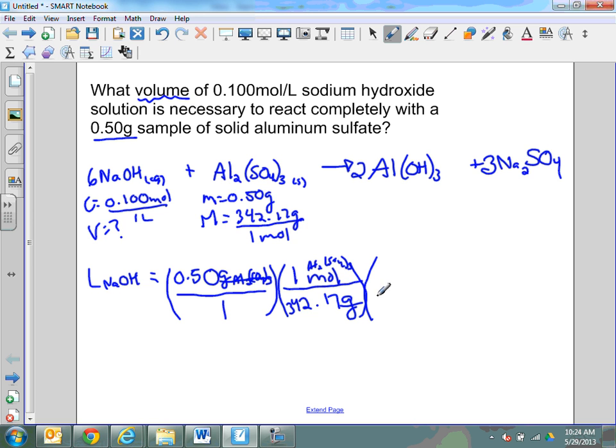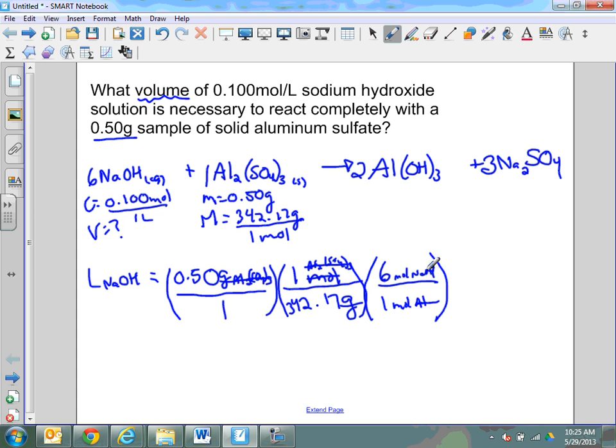And we've got to use the mole ratio to do that, which would be 6 moles of NaOH over, this is a coefficient of 1, mole of my aluminum sulfate. So I can cancel out moles of aluminum sulfate. This leaves me with moles of sodium hydroxide.